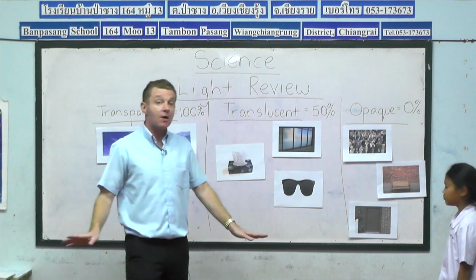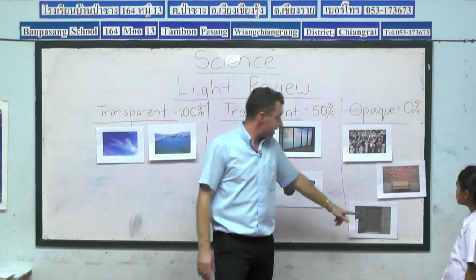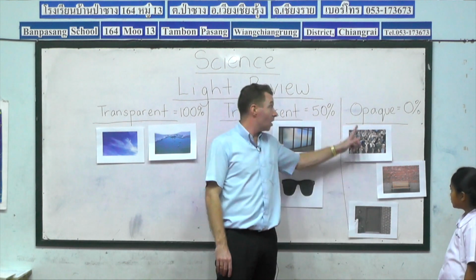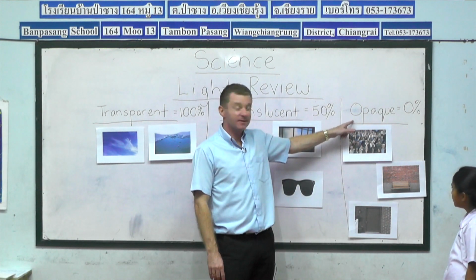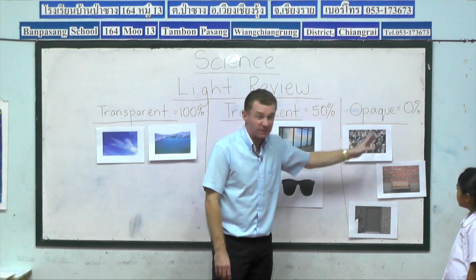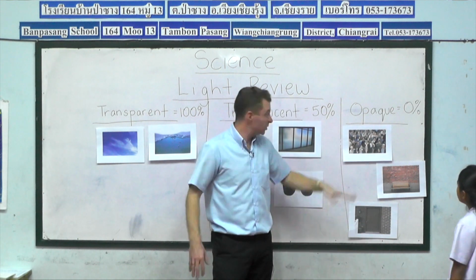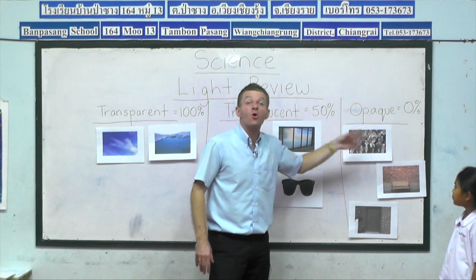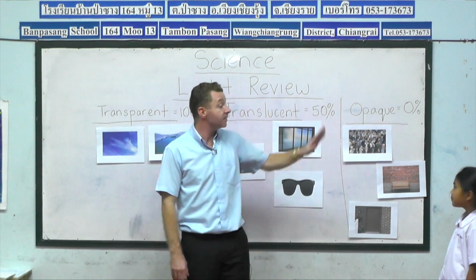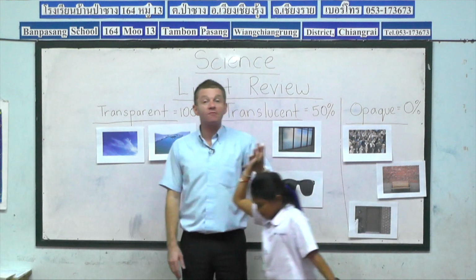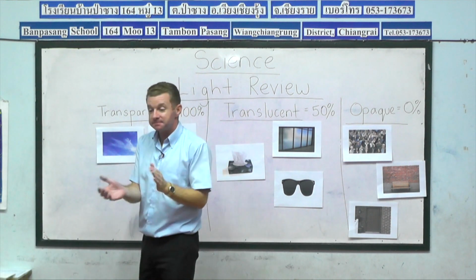Objects that don't allow the light through, like we can say, doors are opaque. Can you see any light in these pictures? No light coming through. So these are all opaque objects. Pakbung, brilliant. Big round of applause for Pakbung, guys.